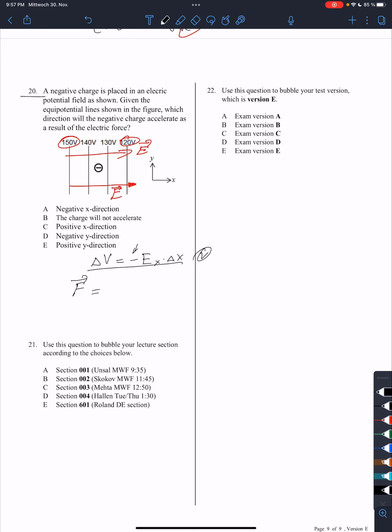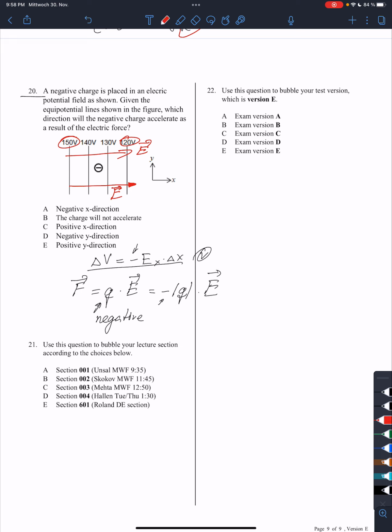It's given by the charge Q times the electric field. But the charge, as is shown over here, is negative, so I can rewrite this as minus the absolute value of the charge times the electric field.